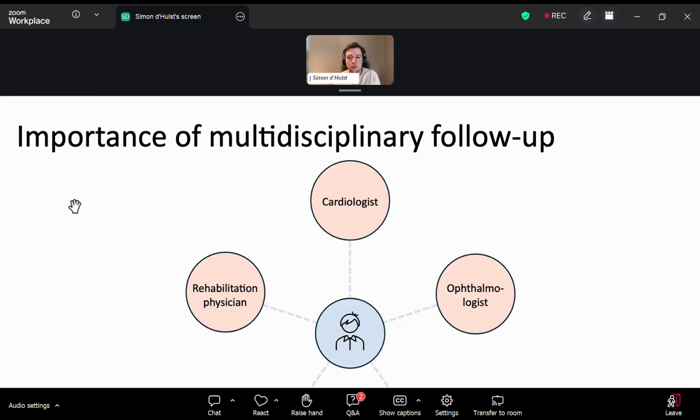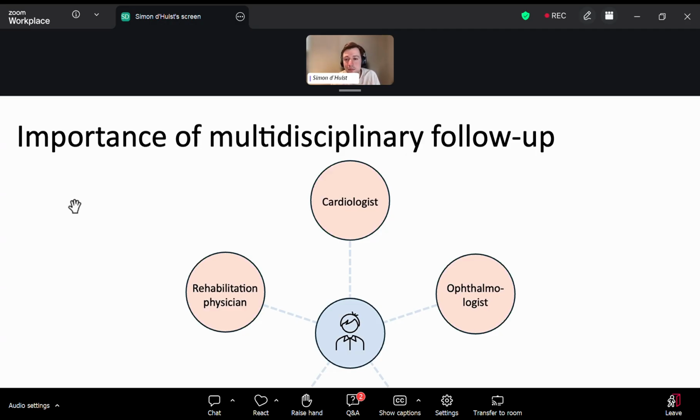So children with conditions such as Marfan syndrome, Loeys-Dietz syndrome, but also ACTA2 aortopathies benefit from follow-up by multiple specialists. Even in the absence of, for example, obvious skeletal features, issues such as joint hypermobility may require physiotherapy, and there are also other specialists that are usually needed. At our center, patients are seen in a dedicated multidisciplinary clinic, allowing coordinated and consistent advice, for example, regarding physical activity, and this in turn improves clarity for both patients and clinicians.